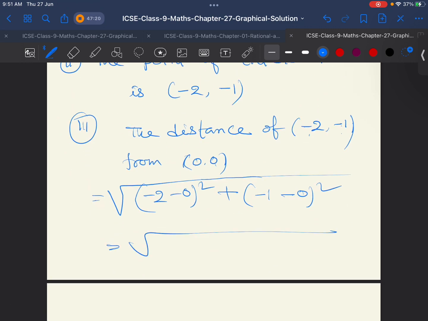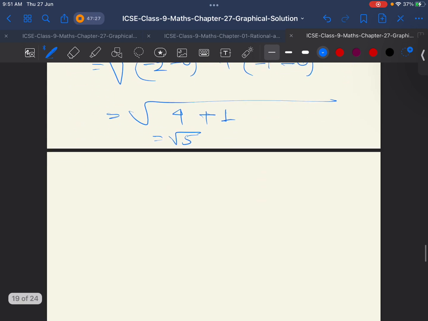So this is (-2) squared = 4 plus (-1) squared = 1, so √5.